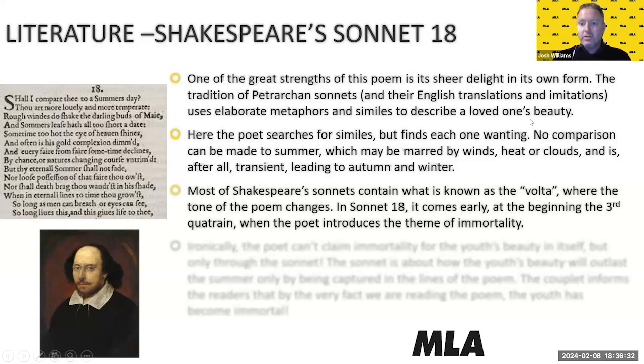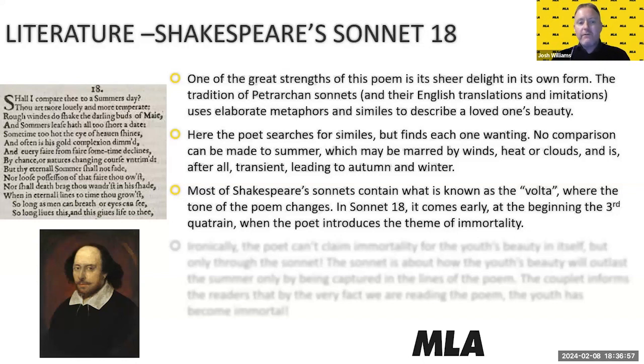Most of the sonnets that Shakespeare writes contain what is known in English, from an Italian word, as the volta, where the tone of the poem changes. Usually, this occurs at the beginning of the third quatrain, although sometimes it happens at the beginning of the couplet. Here, it's at the beginning of the third, and so we have a turn.